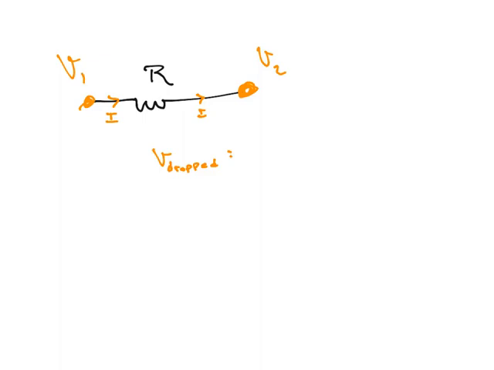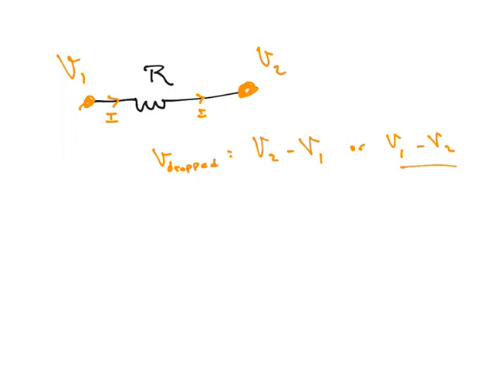So I had V1, I went through R, and now I'm left with V2. The voltage dropped is V2 minus V1, or V1 minus V2, either way. Okay, it's the difference between the voltages on either side.